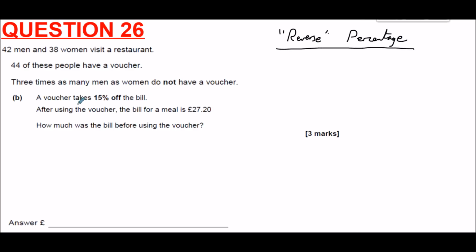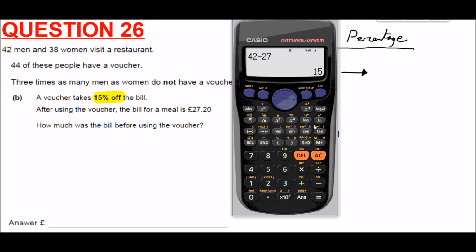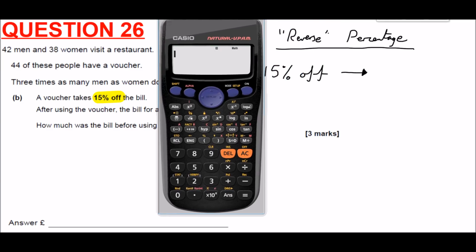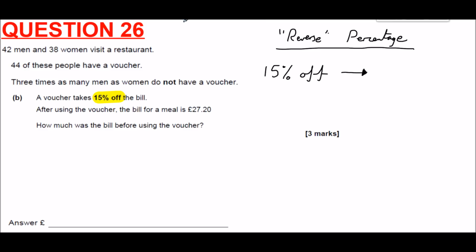So what we're told here is the voucher's taken 15% off the bill. Before anything happens to a number, you always start with 100% of itself. So if 15% comes off, how much is left? 100, take away the 15% that's been knocked off, 85% is left over.